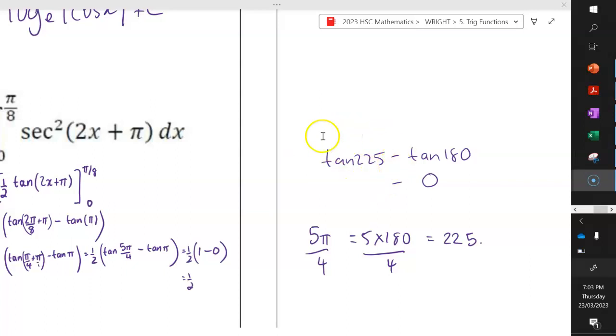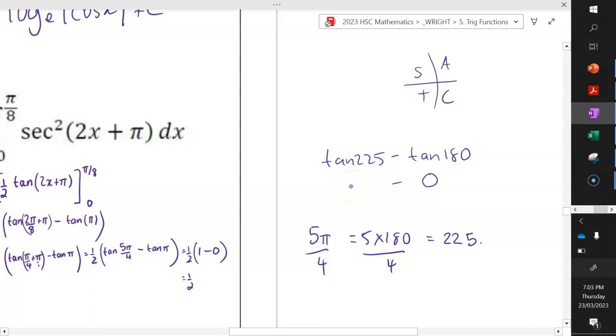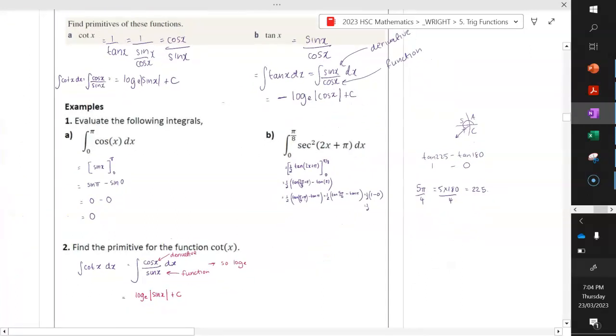Tan of 225 you could pop on your calculator, or you can think of your all stations to central. 225 would sit, if we're moving around, somewhere over here, and that's going to be positive anyway. So tan of 225 will be the same as tan of its smaller angle in there anyway. So we're going to end up with 1 minus 0, and it's times a half, so we're going to get a half in there for that one.